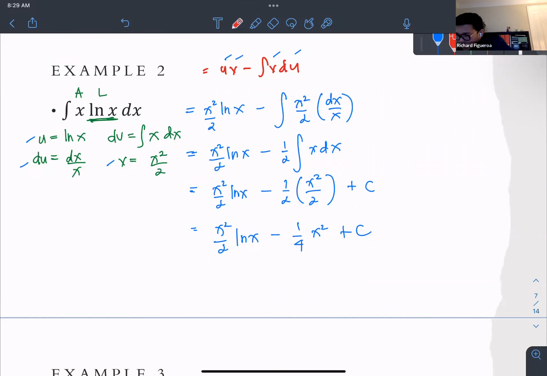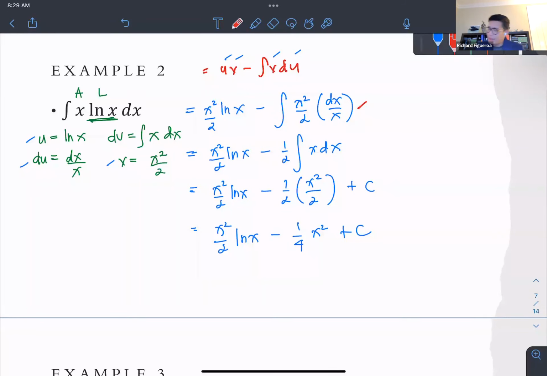Yung sa this part? Yung sa first term, sir. First term, yeah. x squared over 2 ln x. Yeah. Hindi po ba siya x ln x muna? Hindi siya x ln x.